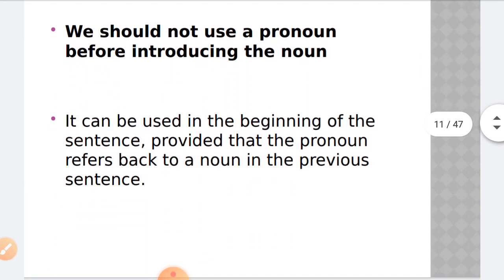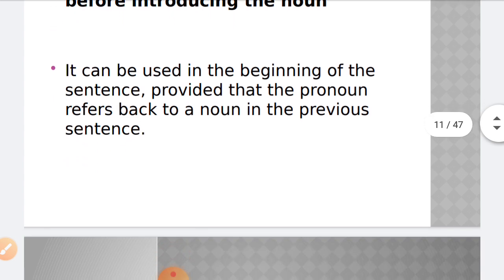We should not use a pronoun before introducing the noun. It can be used in the beginning of the sentence provided that the pronoun refers back to a noun in the previous sentence.